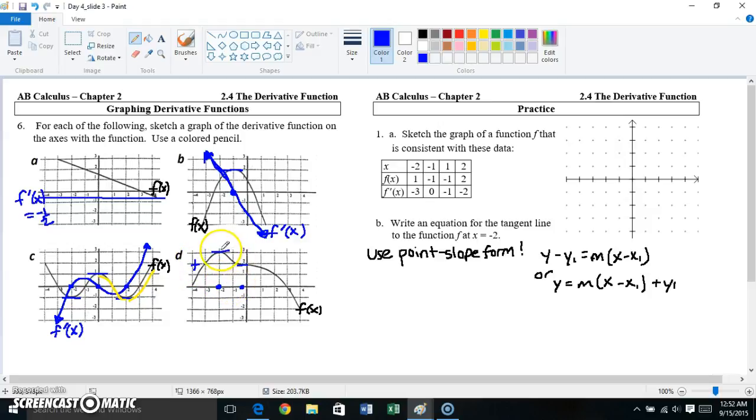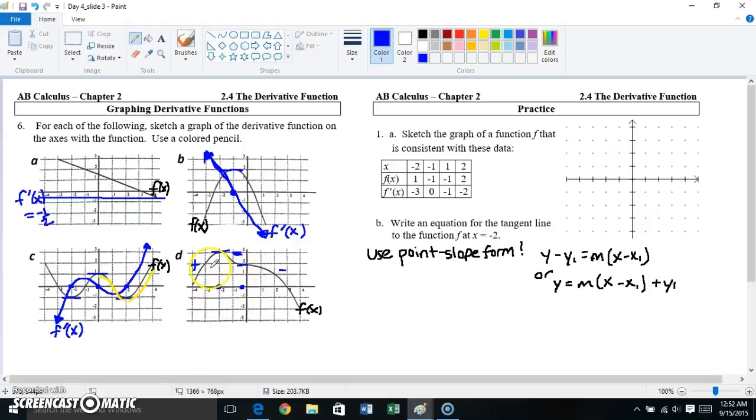The slopes between negative 2 and negative 1/2 are negative. The slopes from negative 1/2 on are also negative. Okay, but we're saying that at negative 1/2, roughly the slope is 0.